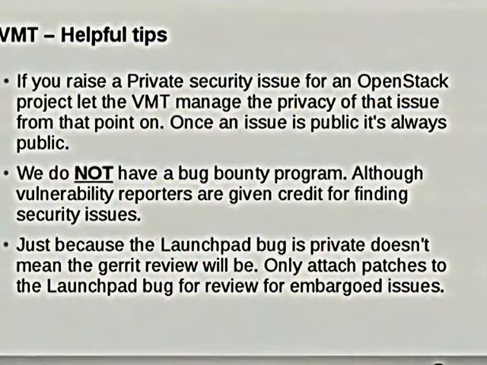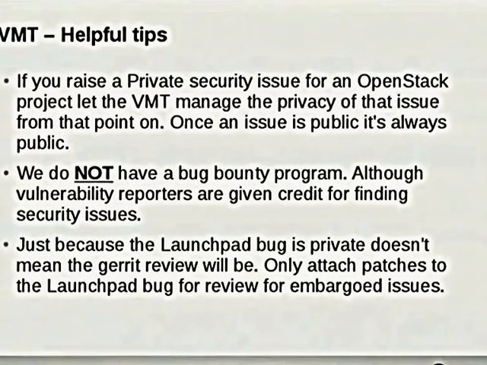So I've been doing that process for a little while, and there's a couple of things that I wanted to point out that's not maybe well documented in the process that we have up on the wiki. First of all, when you raise a security bug as a private security issue, please don't muck around with the privacy of that issue after that point, because if you are unsure about it and then you change it to a public issue and then it actually should be something that should be handled privately, that's going to basically mean we have to fix it in a different manner and do it all publicly.